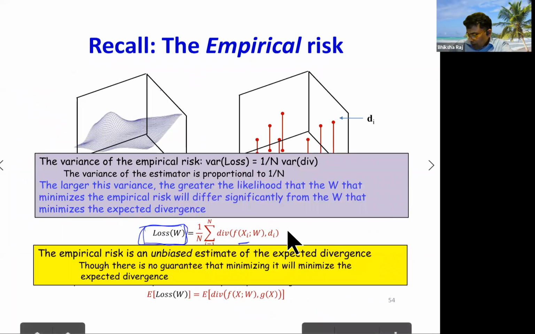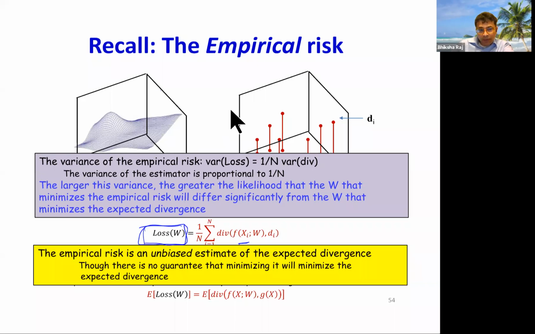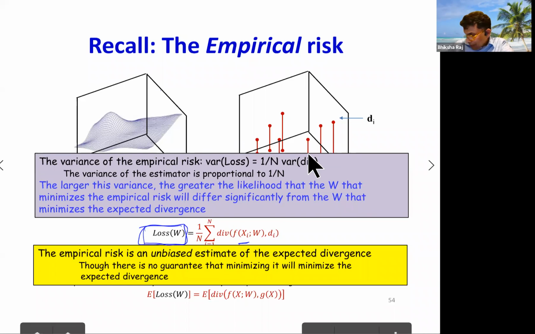And so the variance of the empirical risk is 1 over n, the variance of the divergence. Now, the larger this variance, the more the loss varies across experiments, and the greater the likelihood that the W that you estimate will differ significantly from the W that minimizes the expected divergence.